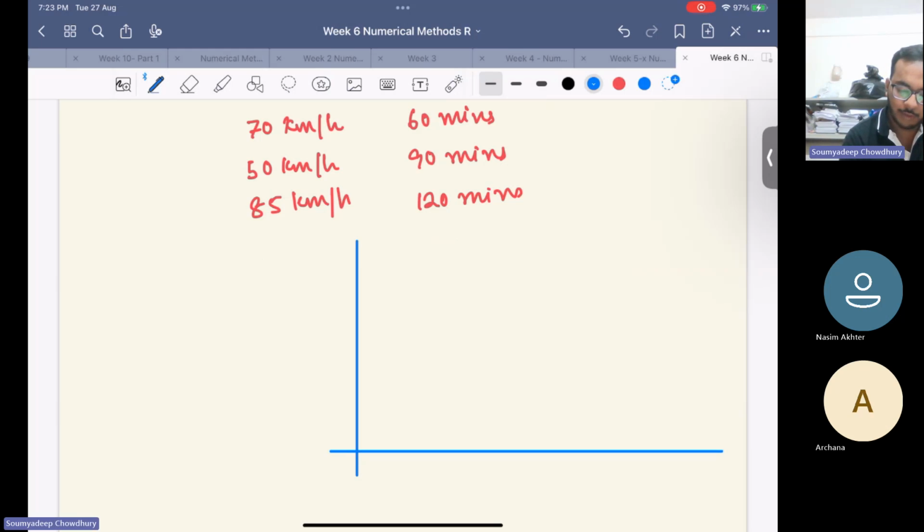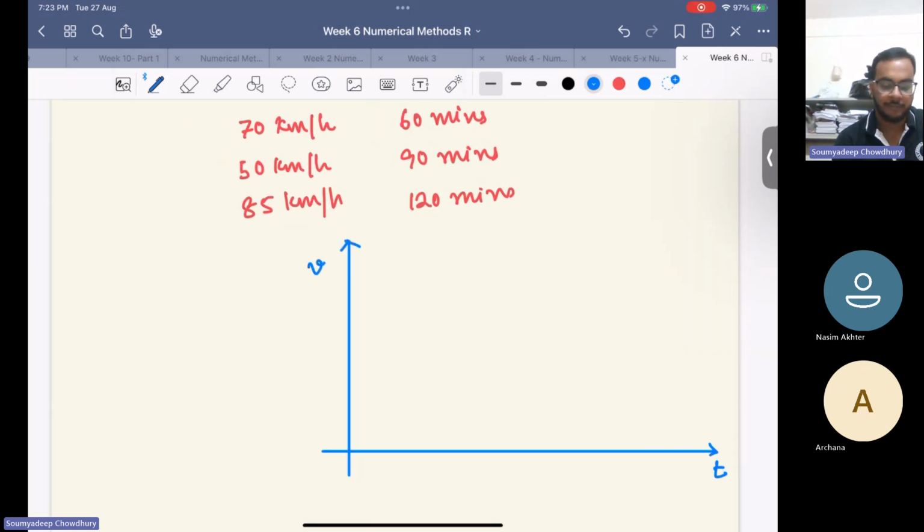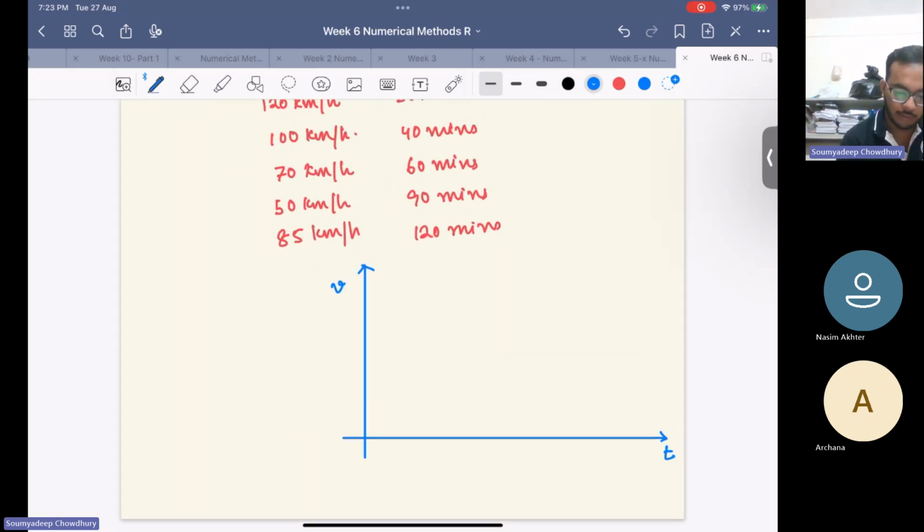So always remember, while plotting, always your dependent variable will be on the Y axis and your independent variable will be on the X axis, right? So here you have 0 to 120: 0, 20, 40, 60, 80, 120. Just I'm trying to tell you what regression is through this example. Okay.